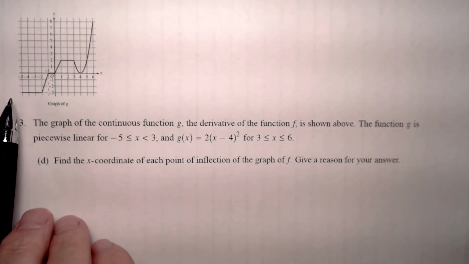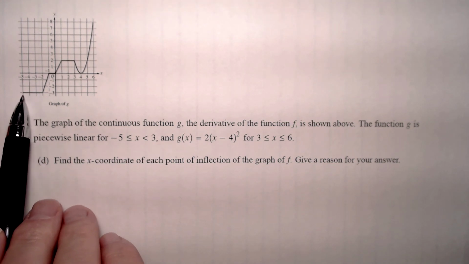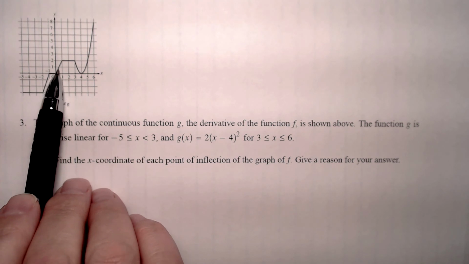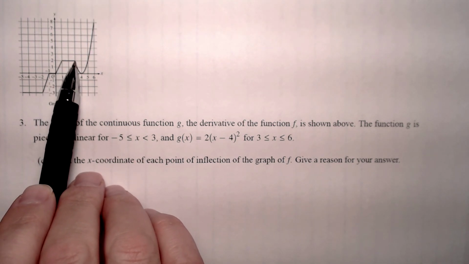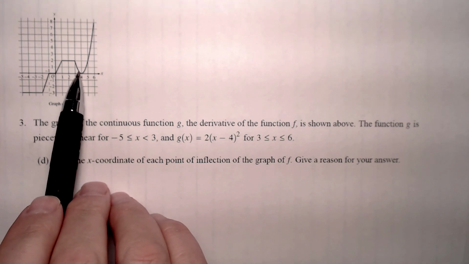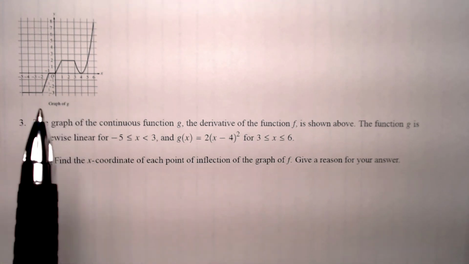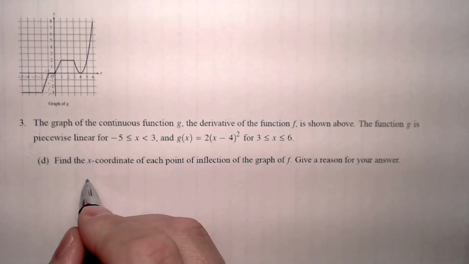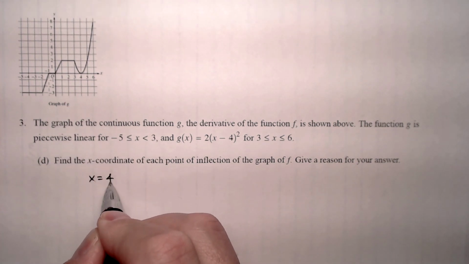And so we can go through this chart and see it's flat, then it's increasing, it's again flat, then it's increasing, then it's flat, then it's decreasing, and here it changes from decreasing to increasing. So the only point where there is inflection is x equal to 4.